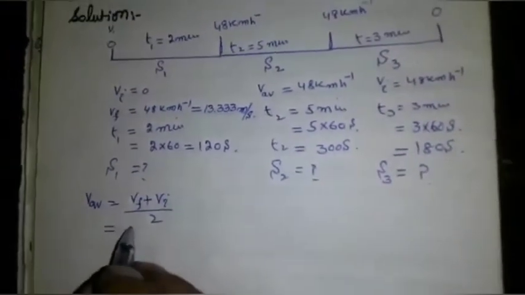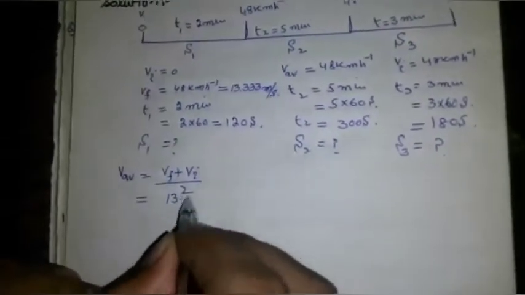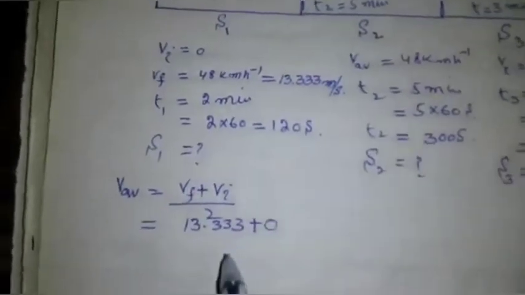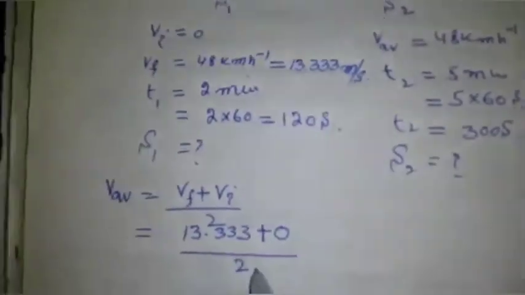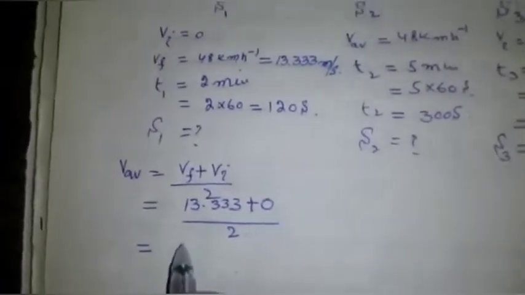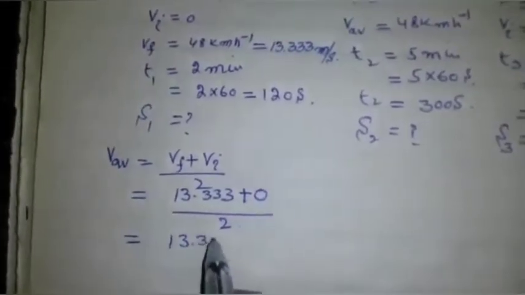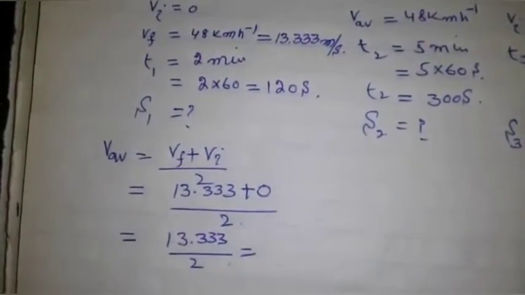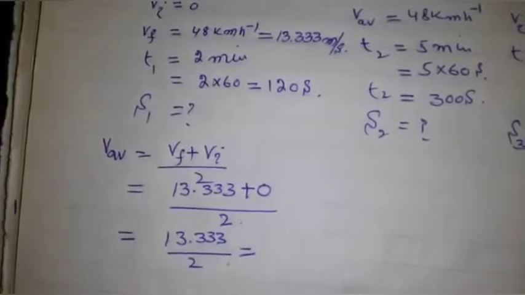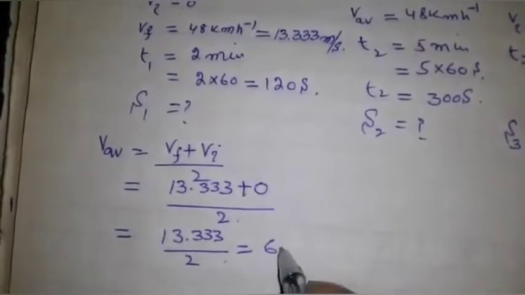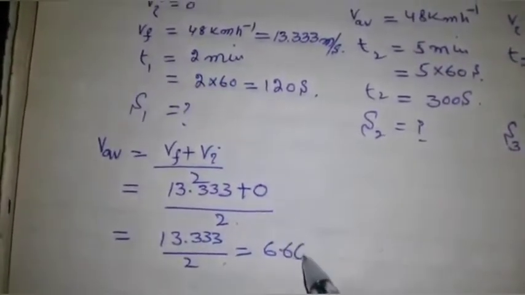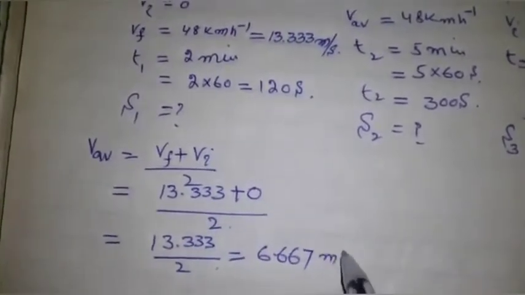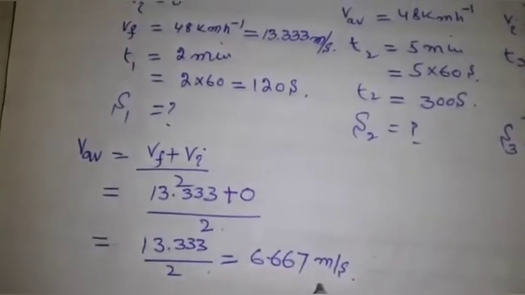Now Vaverage is equal to Vf plus Vi over 2, which is 13.333 plus 0 over 2, which is equal to 13.333 divided by 2, which is equal to 6.667 meter per second.